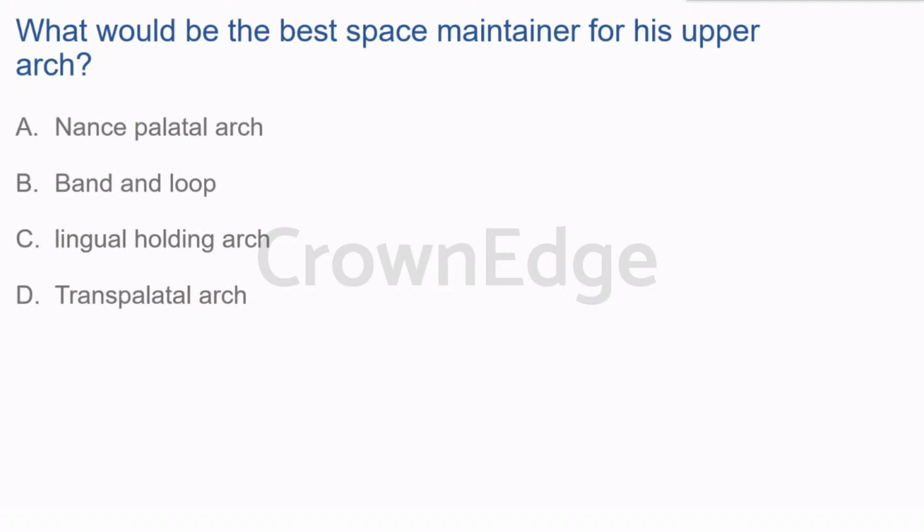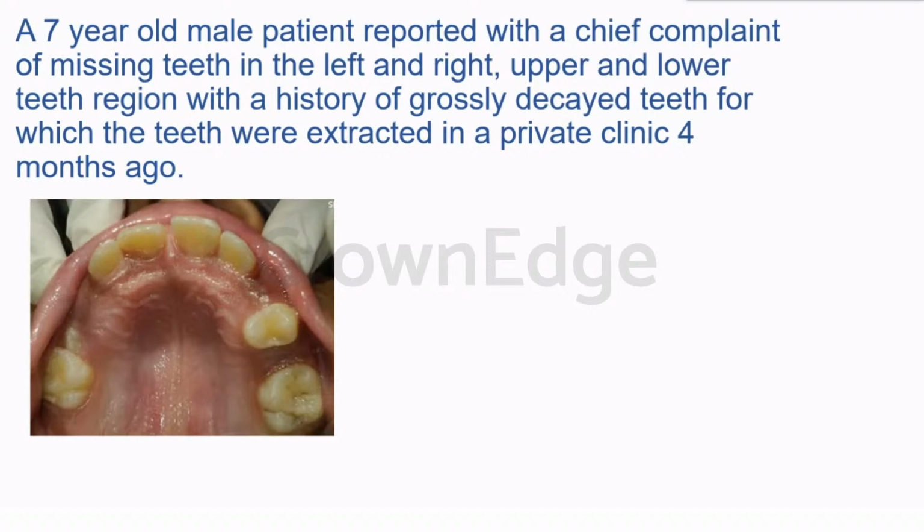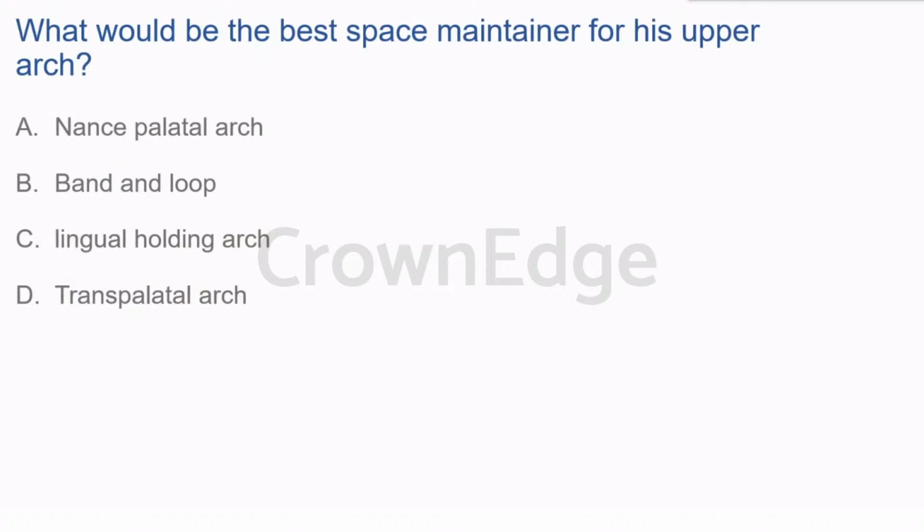Look at the image. There is bilateral loss of teeth in the maxillary arch. The anteriors have erupted. Think once again. I mentioned in the previous slides also, there is one indication for bilateral loss of teeth.